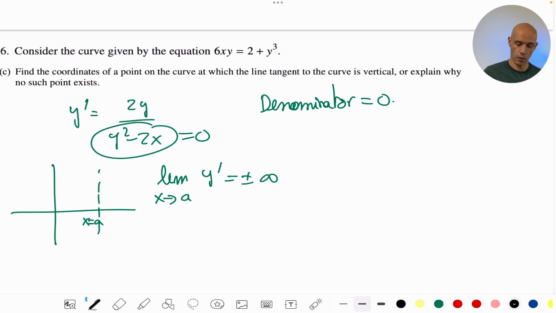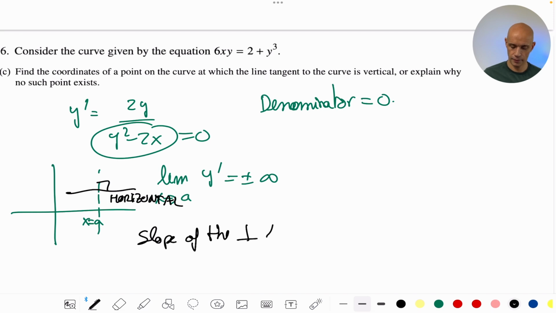The other way is that the perpendicular line is horizontal. So basically, the perpendicular line is going to have a slope of 0. How is the perpendicular slope defined? The slope of the perpendicular line is equal to minus 1 divided by the slope of the line.